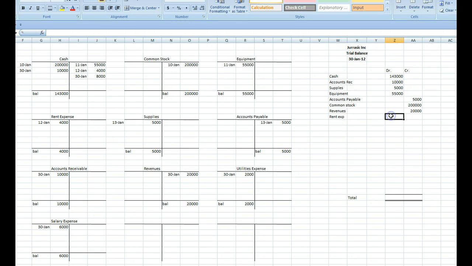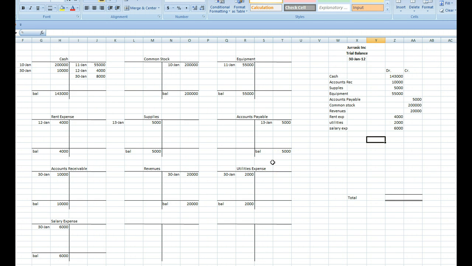So don't forget, you need to put them in the correct column. Debit balance of 4,000. We have utilities, which has a debit balance of 2,000. And we have salaries. And you would write out expense at each point. So we have salary expense of 6,000.